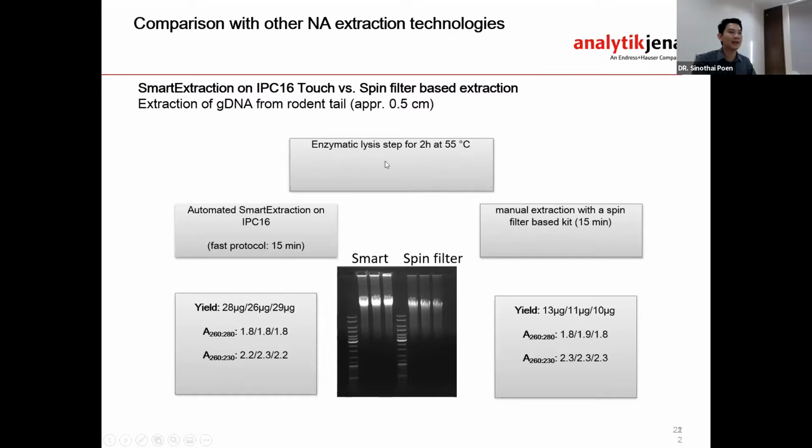After enzymatic lysis for 2 hours, we perform extraction with smart extraction as well as manual extraction. Both methods took roughly the same time, 15 minutes, but smart extraction gave higher yield, more than double that of spin filter-based technology.